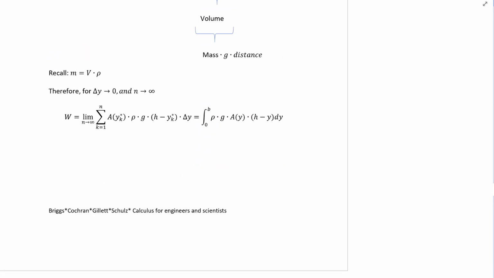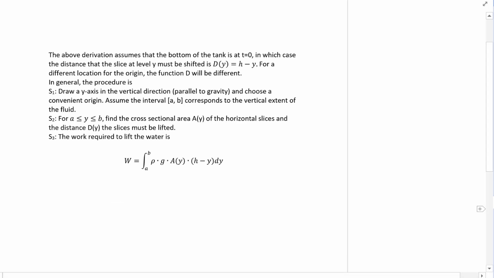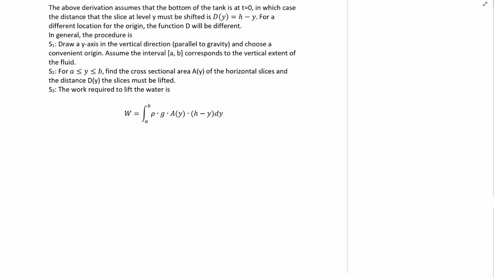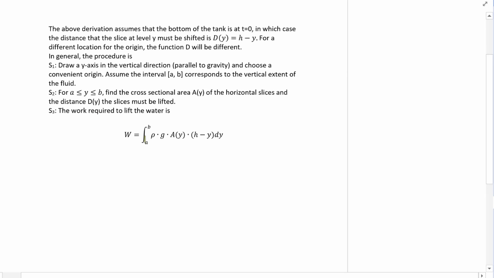The formula we are going to use to find the work is given by the integral from a to b of rho times g times A of y times h minus y dy. This is a general procedure where we want to lift, for example, water from a pool. We want to remove water from a pool, for example.